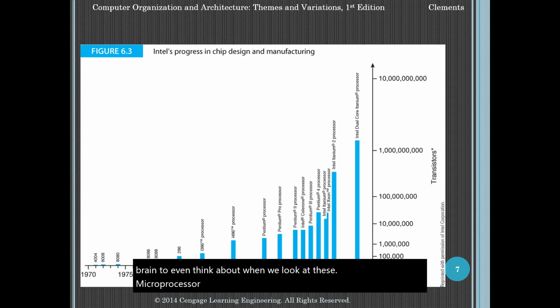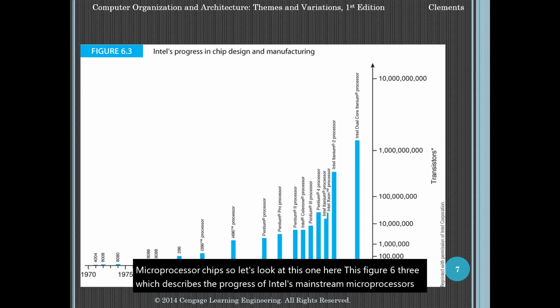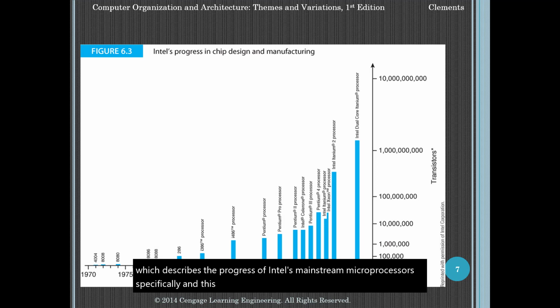So let's look at figure 6.3, which describes the progress of Intel's mainstream microprocessors specifically. And the Intel chip is what powers most of the world's personal computers.